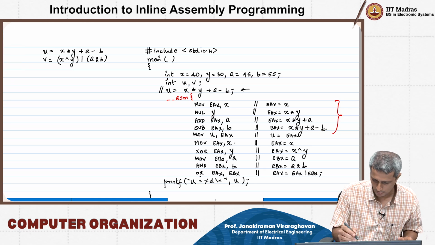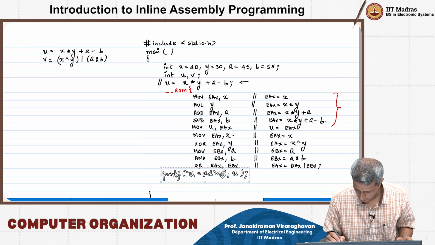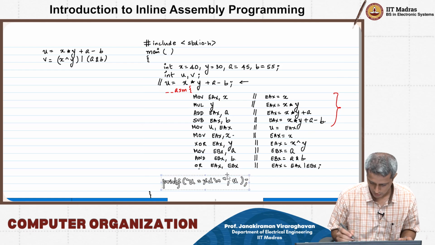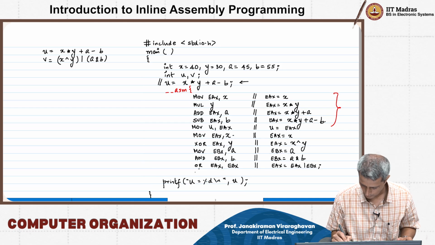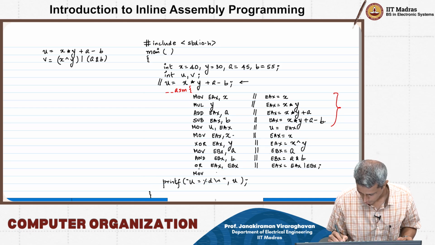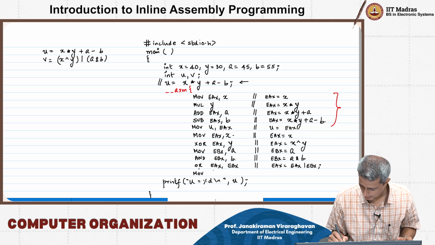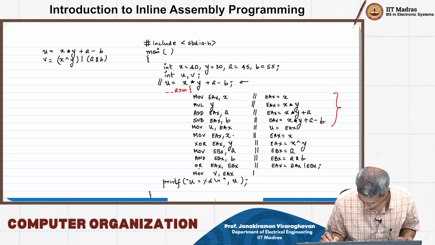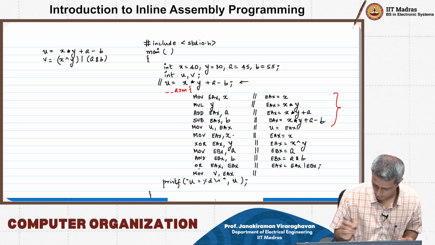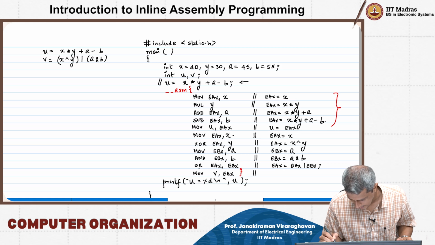Right, so I'll move this a little bit down, and then I am going to say move the answer which is in EAX into the variable V, and then I will close my underscore ASM operation.